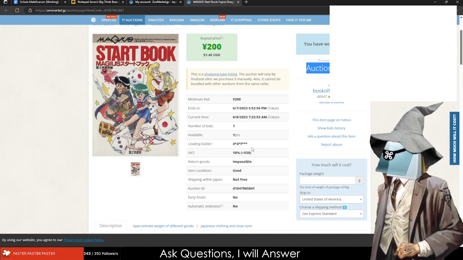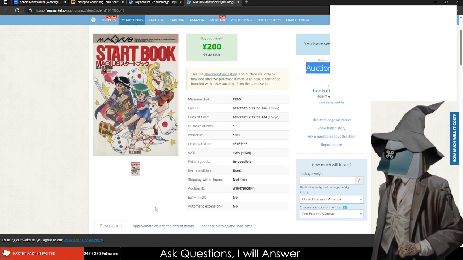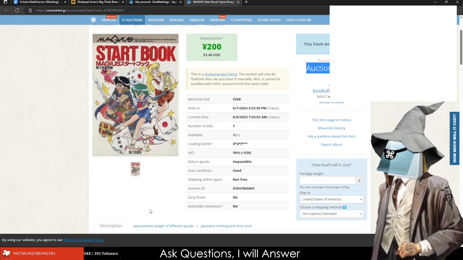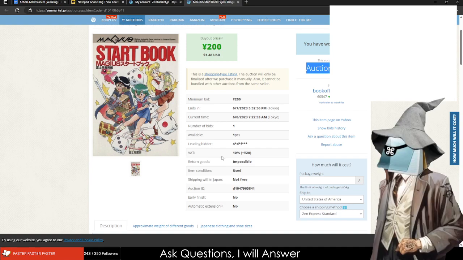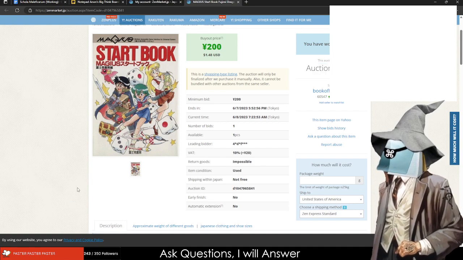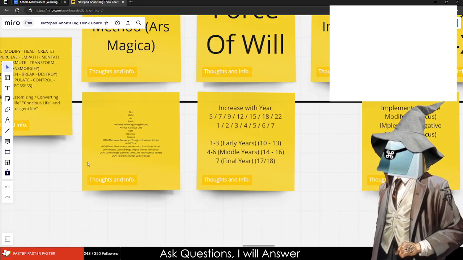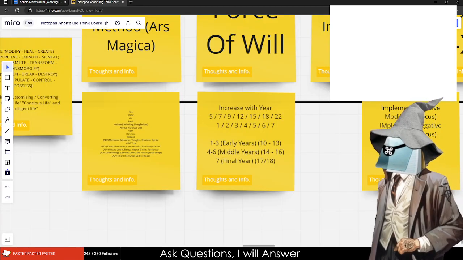I have fully received the thing. Right now it has to get shipped to the warehouse, and then I'm able to do all the things with it. Generally speaking, it's going to be about $10 to get it all shipped over to the US. But yes, I have found the Magius Start book. It is in my rough possession. Do I know how well it's going to look?